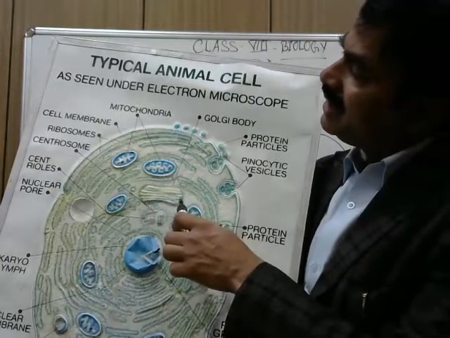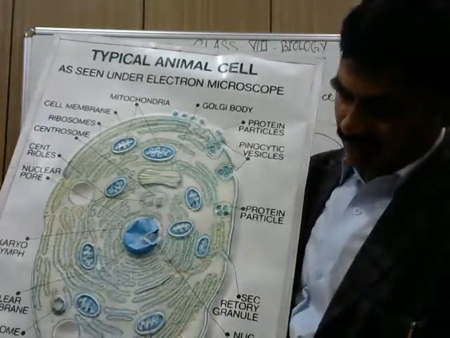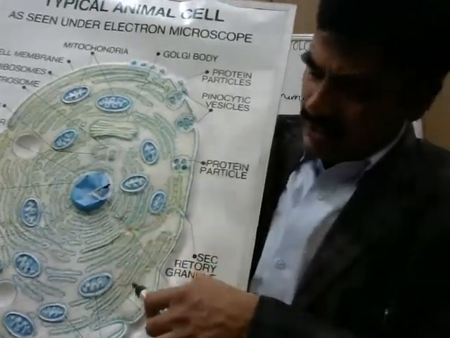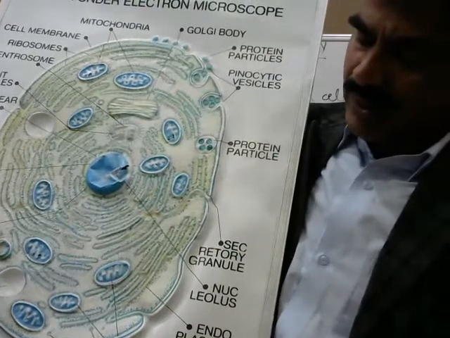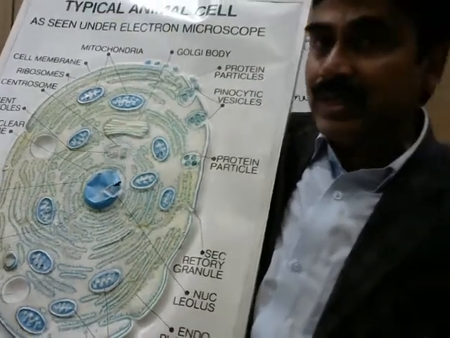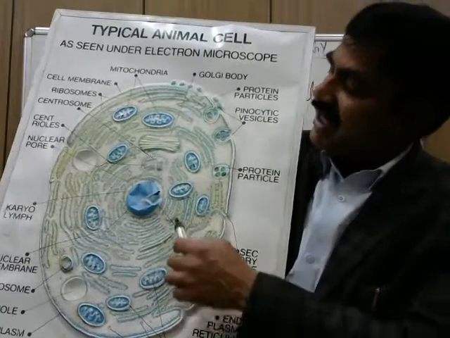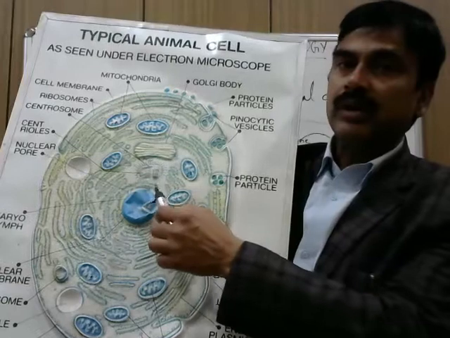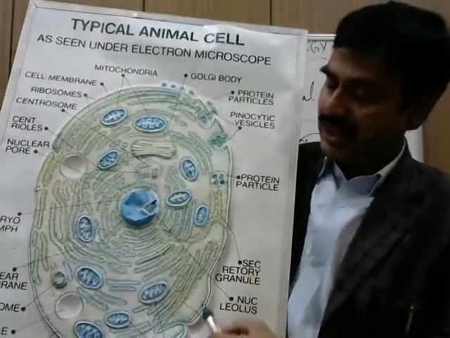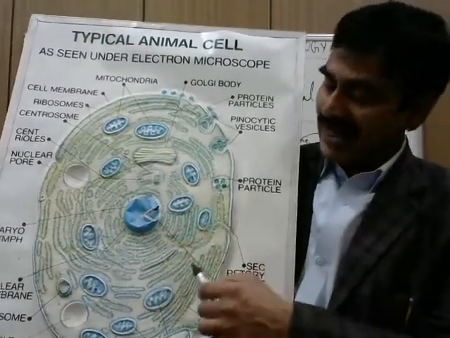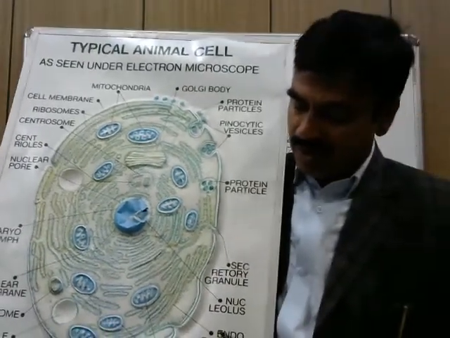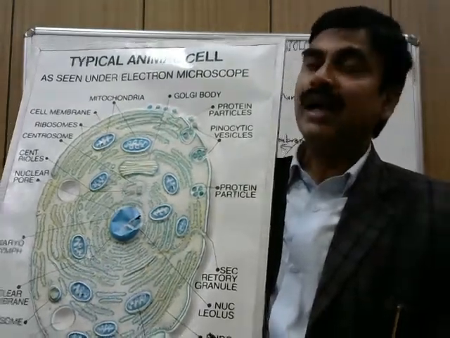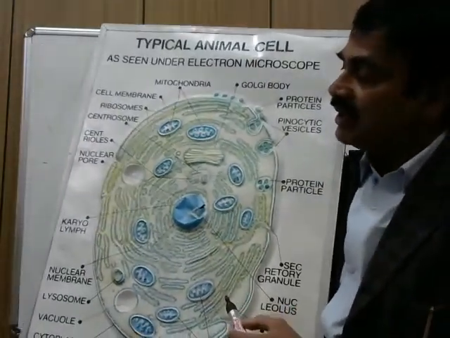You can see the endoplasmic reticulum here, surrounding these organelles. The endoplasmic reticulum is spread in the cytoplasm outside the nucleus, inside the cell membrane. It is of two types: one is rough endoplasmic reticulum and another one is smooth endoplasmic reticulum.